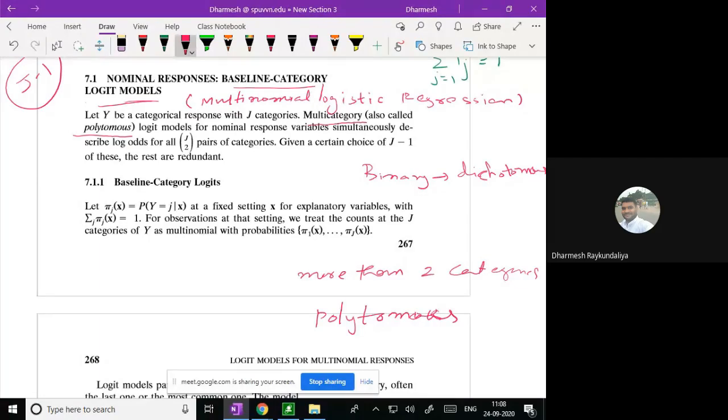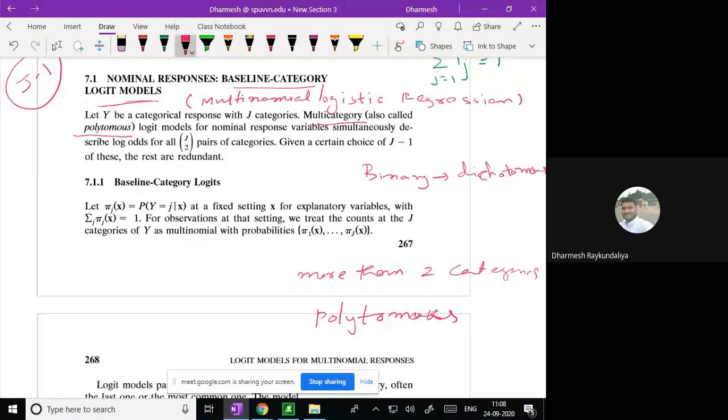For example, whether the patient is cured or not is a binary response. But when you have information about the condition of the patient, whether the patient is not improved, a little bit improved, or improved, this is a response category that is ordinal in nature.